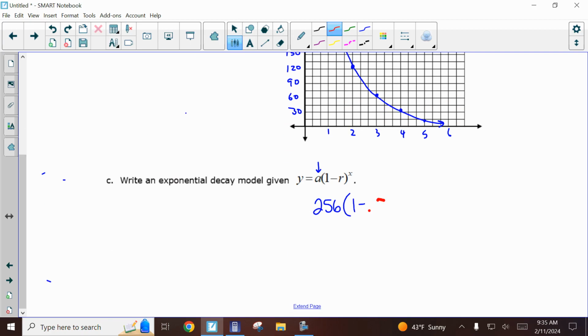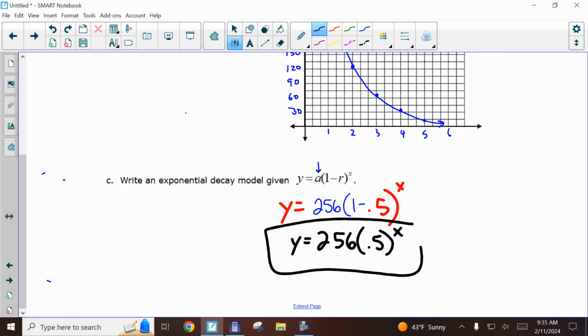So we're going to put that 0.5 right here, and then we've got T, or x, or whatever they're using there. So there's the formula. I think that's all they want us to do. Oh, I guess I can simplify that. 256 times 0.5 to the x. That's the answer for part C.